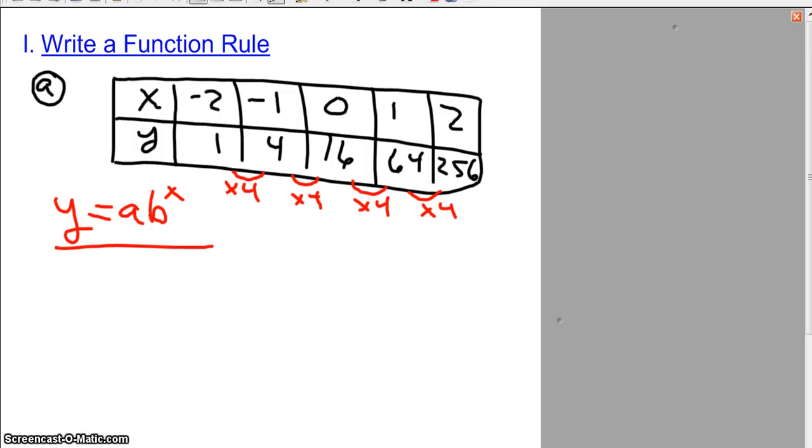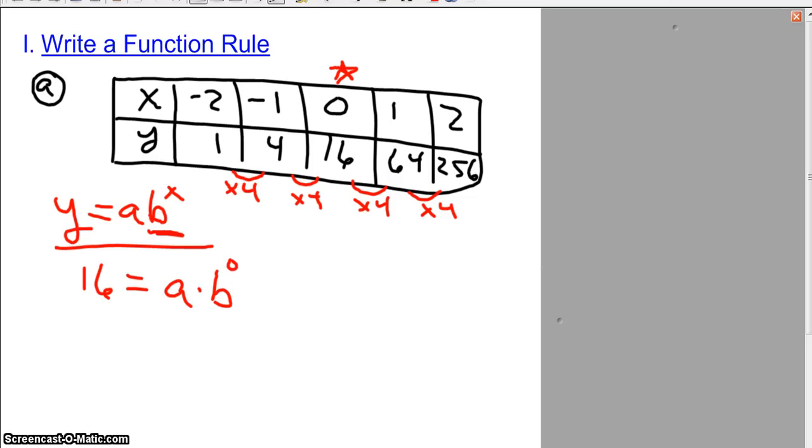Okay, so one place we could start is just by substitution, right? What happens when we substitute 0 in as an exponent? What does it do to the base? I mean, anything to the 0 equals what? 1. So if we plug this particular point that I starred here into the equation, we have 16 equals A times B to the 0.